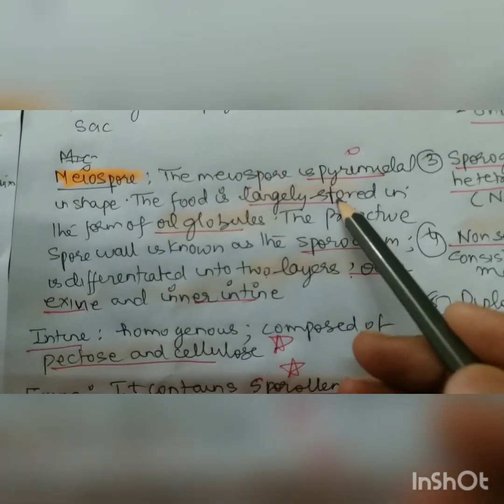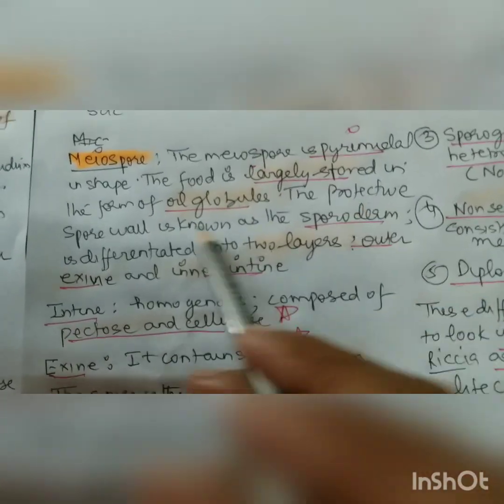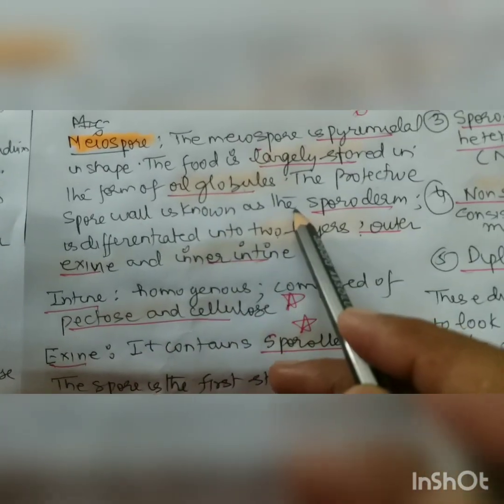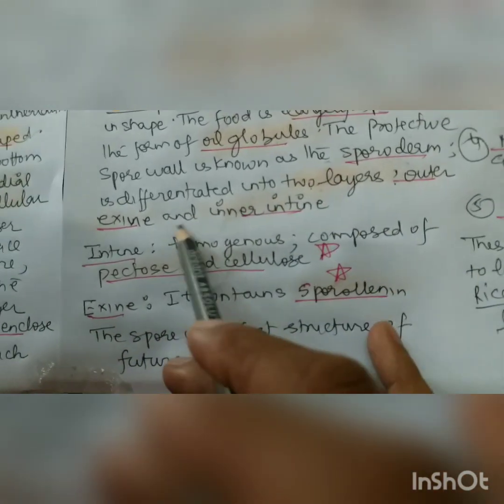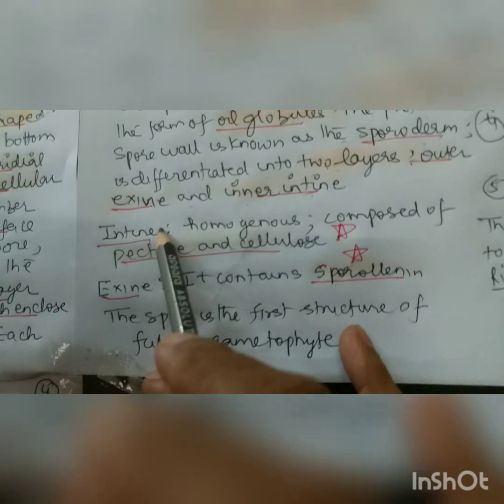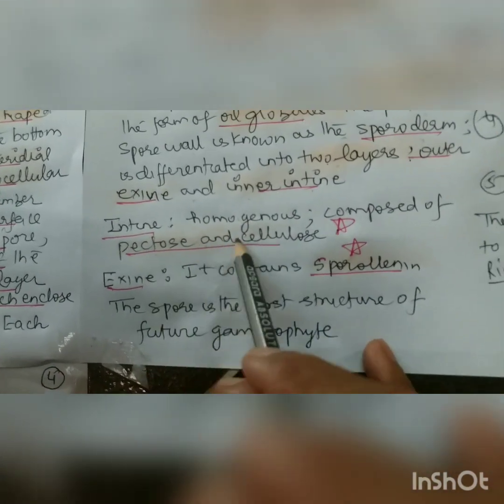The food is largely stored in the form of oil globules. The protective spore wall is known as sporoderm, and it is differentiated into two layers, outer exine and inner intine. Intine is homogeneous, very important, and composed of pectose and cellulose.